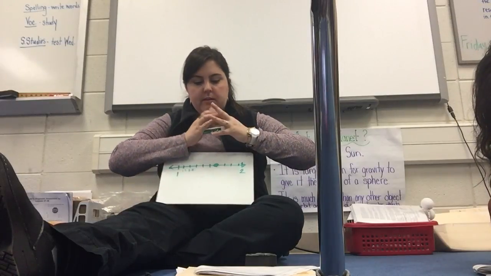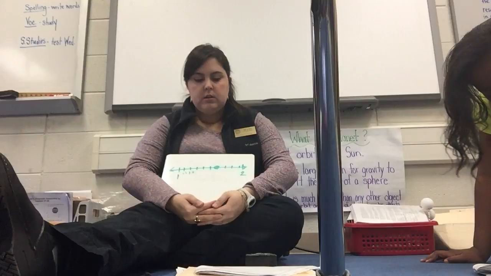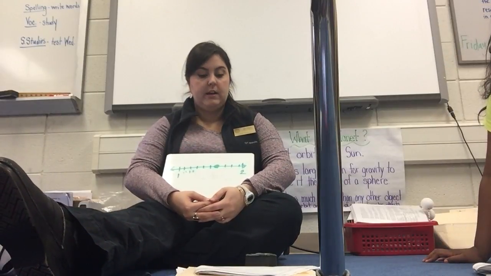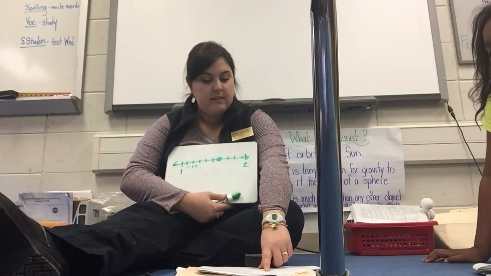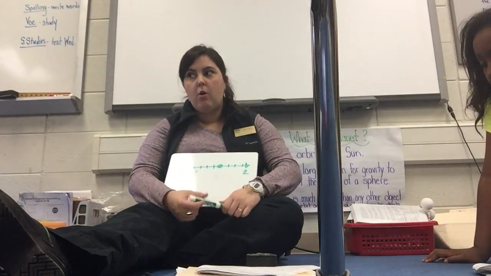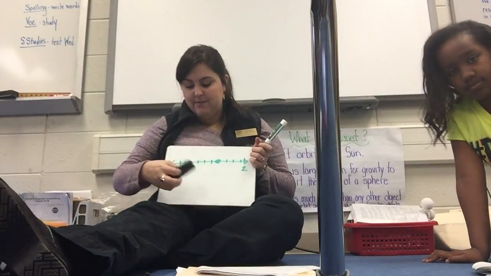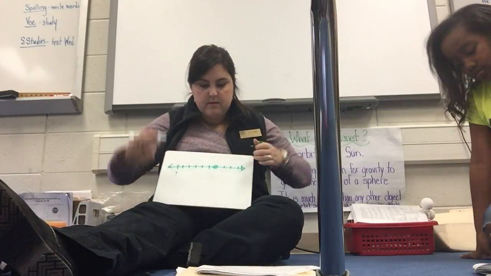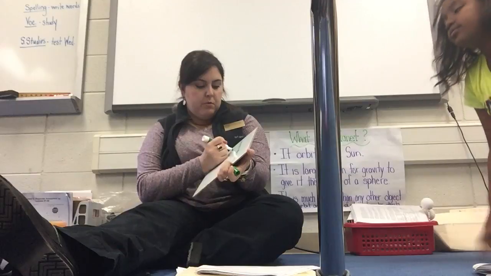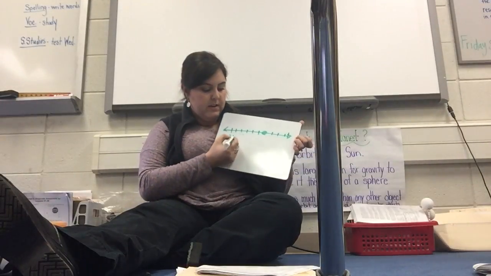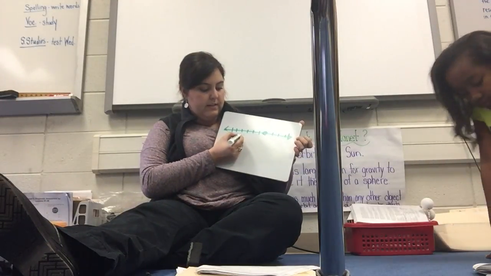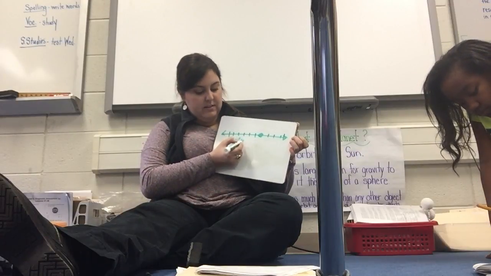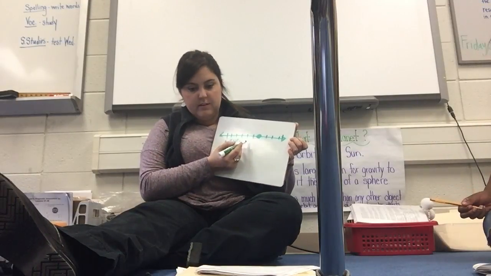Same thing with number 7. Which decimal does point J represent? Point J. Let's count. I have 0.6. So instead of going to 6.7, look. If this is 0.6, then I would have 0.61, 0.62, 0.63, 0.64, 0.65.